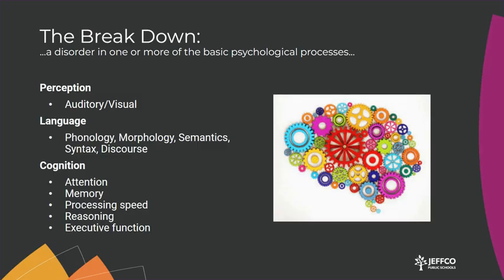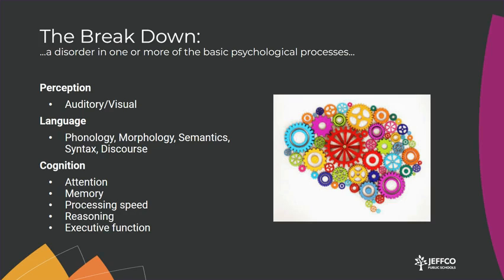When the law says a disorder in one or more of the basic psychological processes, these are some examples. Perception could be auditory or visual perception. Language might include phonology, the ability to hear that words are made up of sounds and to segment and blend those sounds. Morphology, the understanding of what the smallest unit of a word means.